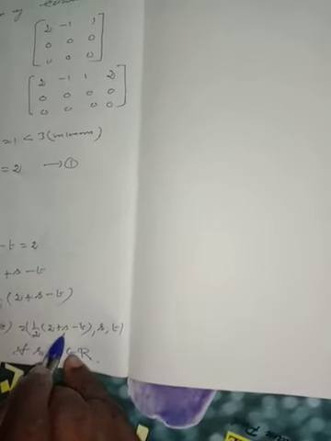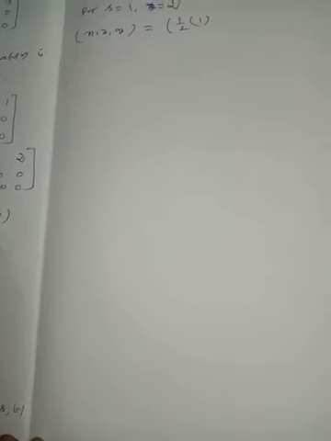Here t is 2, s is 1, so 2 plus 1 is 3, 3 minus 2 is 1, so x, y, z is 1 by 2, comma 1, comma 2.